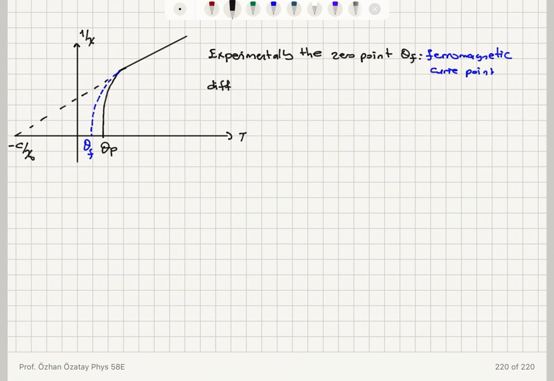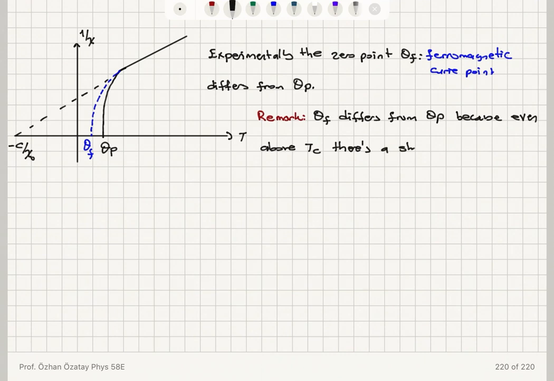differs from the paramagnetic Curie point a little bit, and the reason we can give as a remark here is that theta F differs from theta P because even above Tc there is a short range magnetic order, and this order is maintained for a few degrees above Tc.